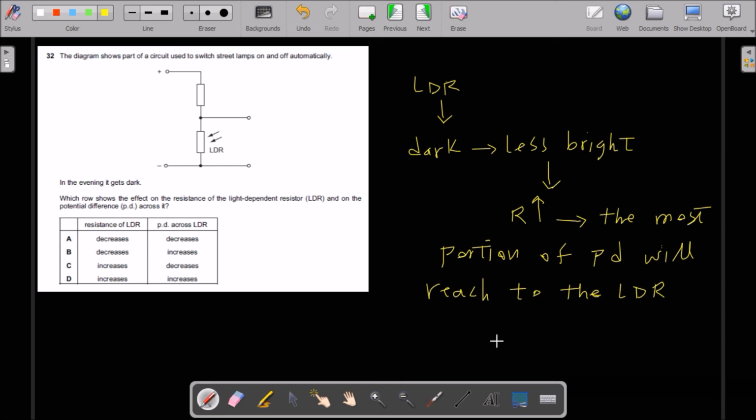That's why D will be right. Resistance of LDR increases, as I said before, and PD across LDR increases because the most portion of PD will reach the LDR in series circuit. So D will be right.